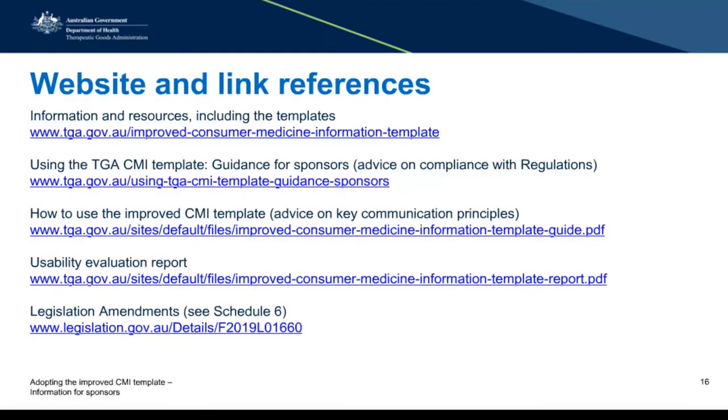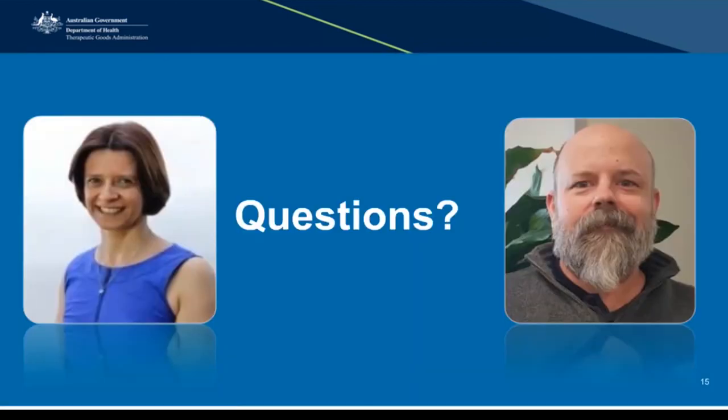But otherwise, the other times when CMIs might get looked at is if there's a specific safety signal that's identified that we then investigate. It may be important for us to determine if that safety concern is adequately reflected in the PI, but also adequately communicated to consumers in the CMI. So at this point in time, there's no plans for additional review or consideration.